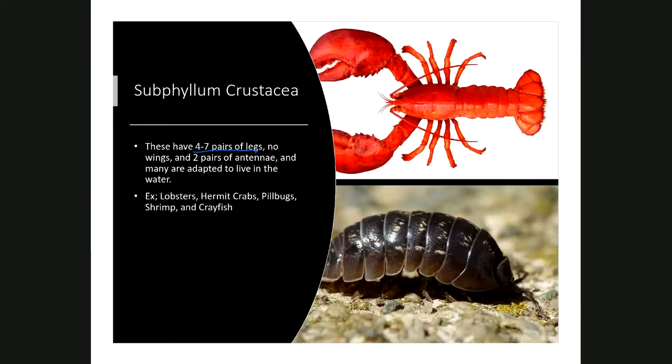Remember, they don't have wings, right? They're evolved for living in humid environments. Most of them live in aquatic environments. You definitely can't use wings in that. 2 pairs of antennae, and here are some examples, like crabs, pillbugs, shrimp, crayfish, lobsters.